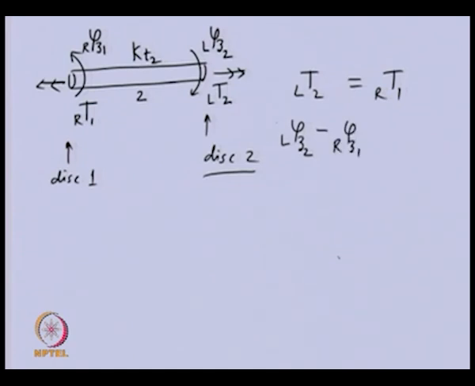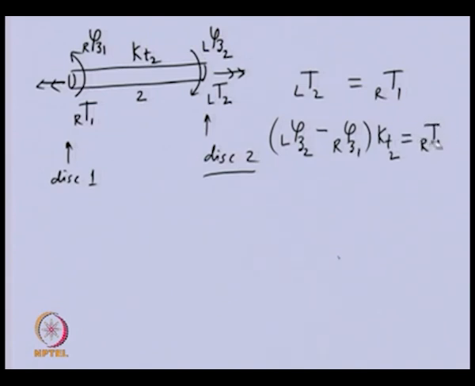This is the relative twist. If we multiply this by the torsional stiffness of the shaft, we expect this should be equal to the torque, the torque right of 1.